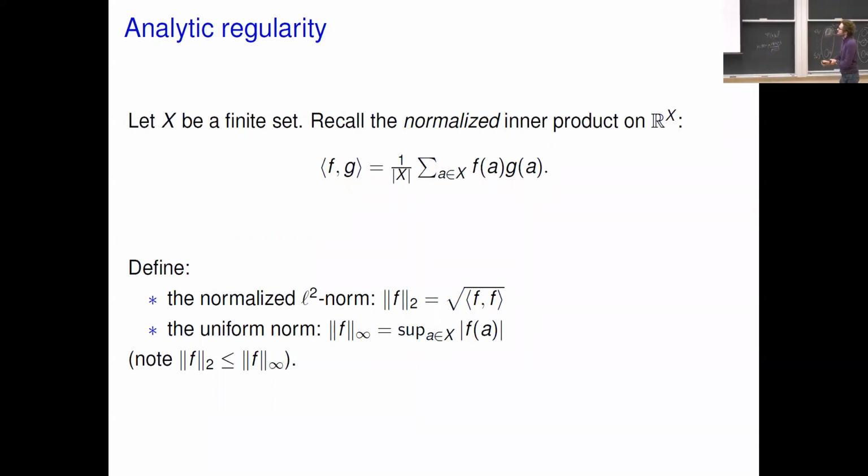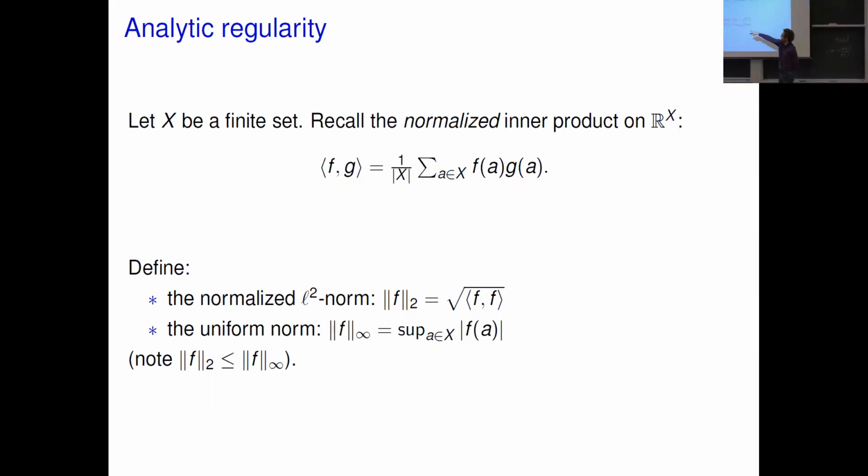So we need some terminology. Let X be a finite set, and we already talked about this normalized inner product on functions from X to R. It's just the usual inner product. You multiply f and g together, but I'm normalizing all the time. And then from this inner product, you get the L2 norm, now normalized in the same way. And then the infinity norm will also show up.